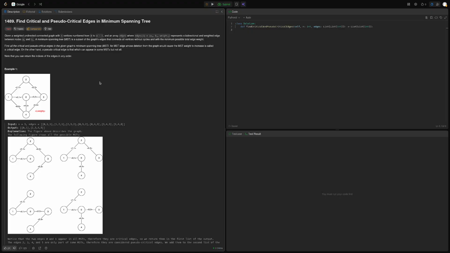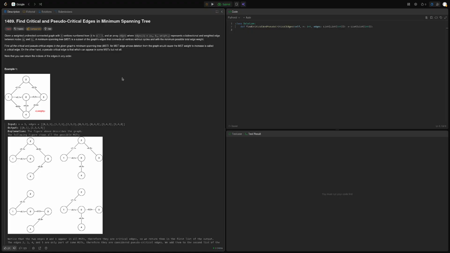Okay, so here is how we are doing it. We first find the MST cost, right? And then we run the algorithm. A critical edge is an edge that is in all MSTs, right? So we try one by one each edge, and we try building the MST on the subset of edges without it.